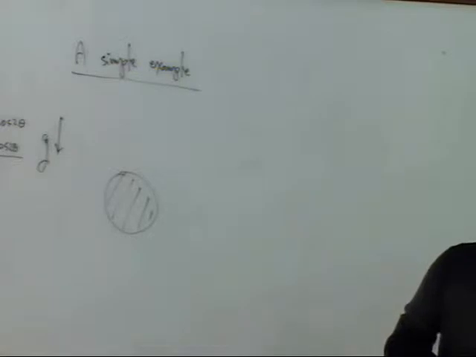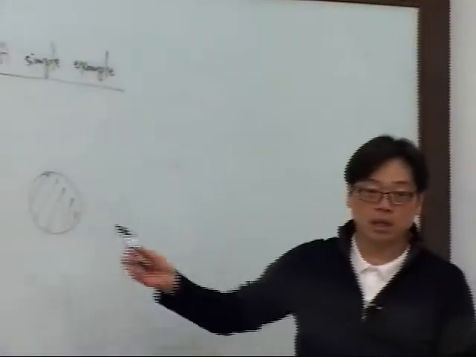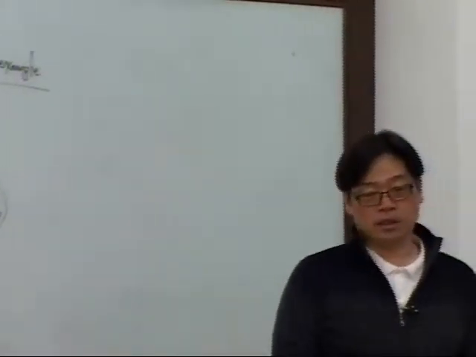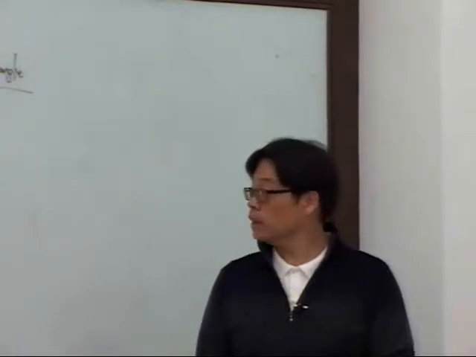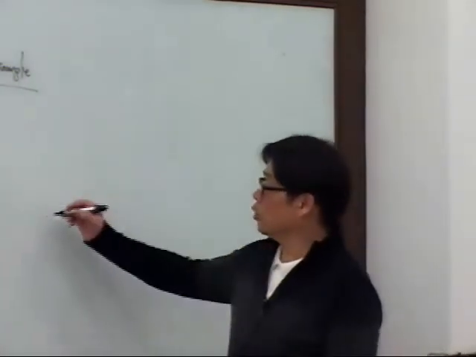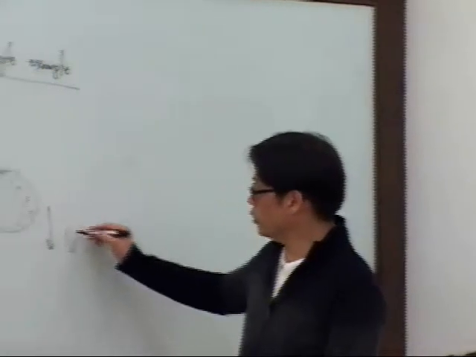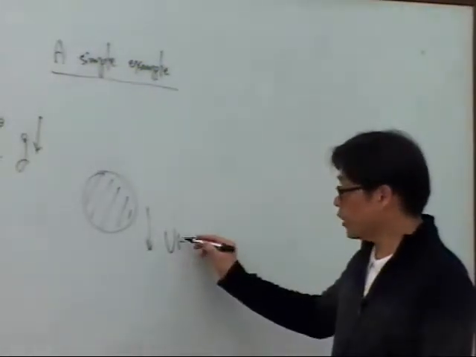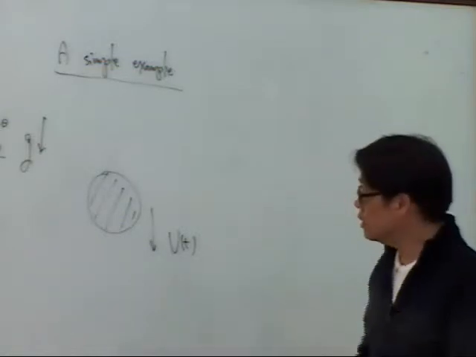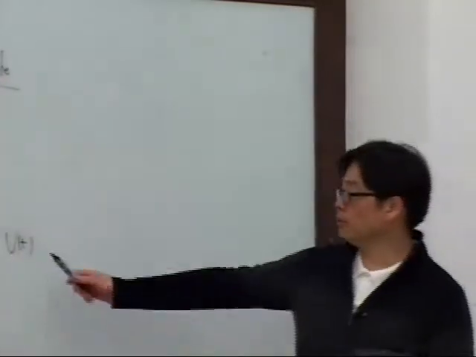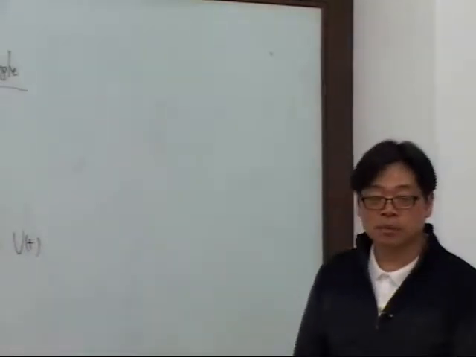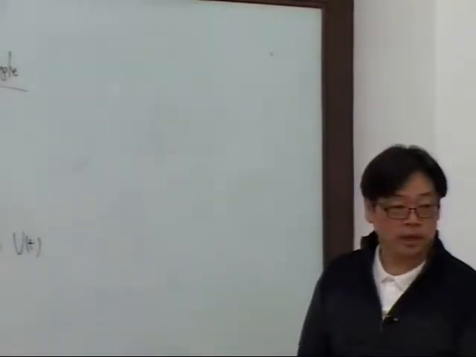I want to know the speed of this guy when I let it drop. Let's say this guy is moving with u, which I don't know yet. I'm trying to find u at this point by writing the equation of motion.